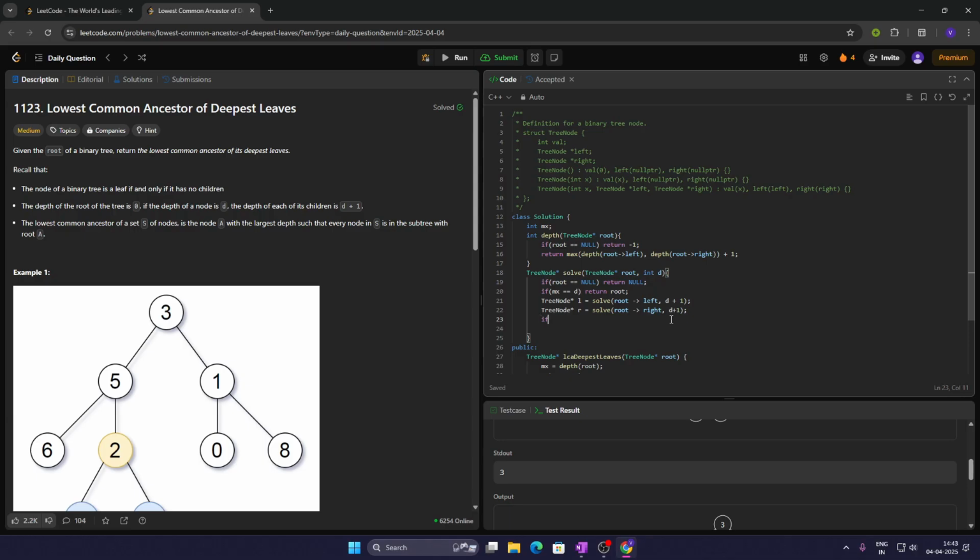Then what we have to do is, if left equal to null, then we will return the right. Else if right is null, return left here, else return root here.